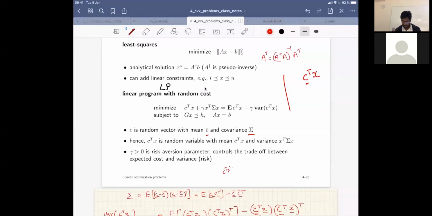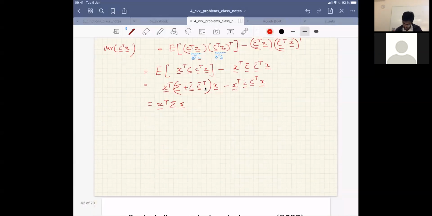In that case, how do you minimize this? One way to minimize this, a very straightforward way, is this. What you do is you just take the minimum of the expected value of C.